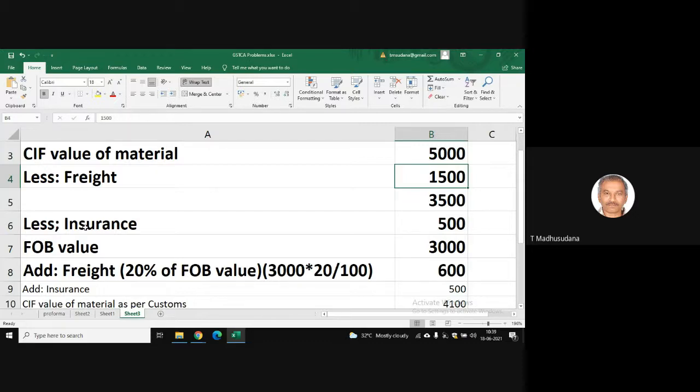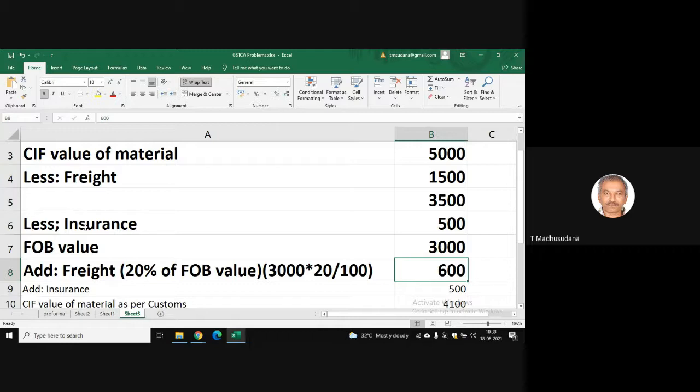but actually as per the Customs Act, freight charges are allowed only up to 20% of FOB value. So on 3000 US dollars, 20% means it is 600 US dollars only. So freight charges have been decreased.